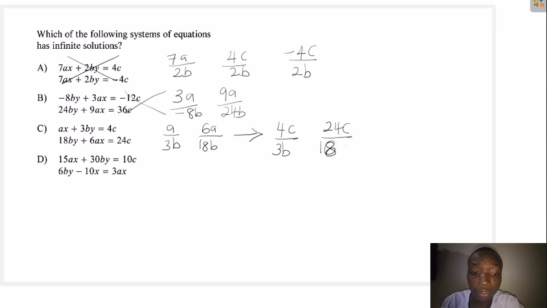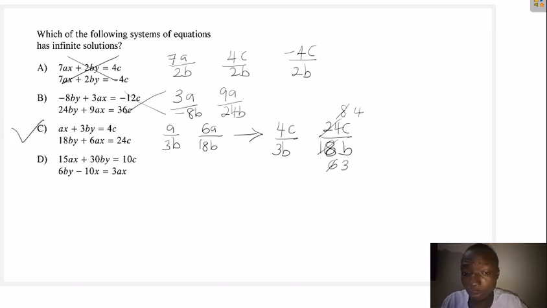So you have 24c over 18b. So if you simplify this, you see that they are the same. So option C is your correct answer.